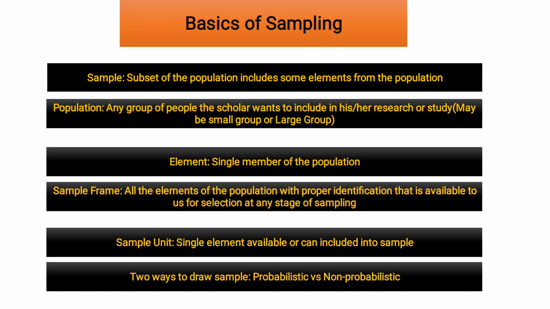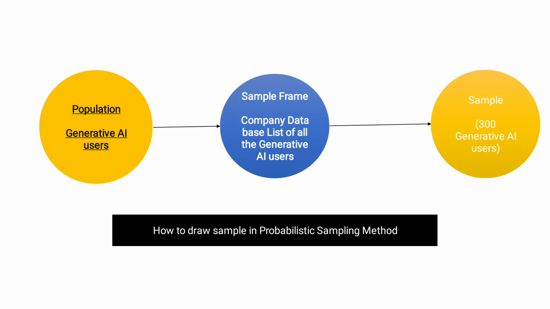Next, let's briefly discuss how to draw a sample in the probabilistic sampling method. First, you should have the population, the yellow one here. For example, let's say a researcher wants to know the attitude of generative AI users towards generative AI platforms, because different platforms are available nowadays, like ChatGPT or Gemini.